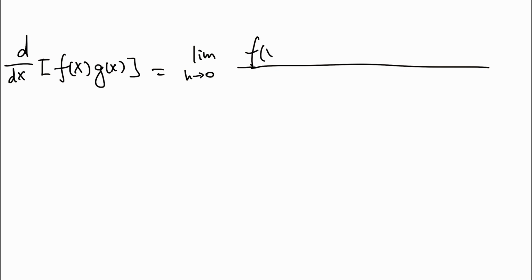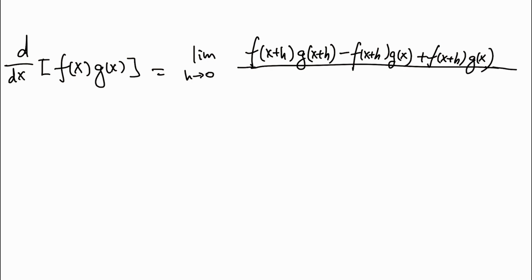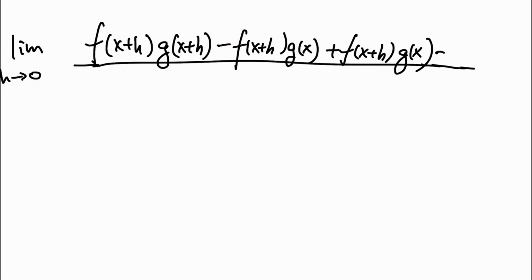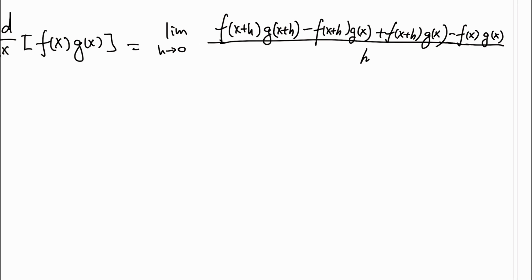So f of x plus h, g of x plus h minus f of x plus h, g of x plus f of x plus h, g of x. Because if you just see this as a function, you can do this. And this is basically just the definition. F of x times g of x over h, of course.